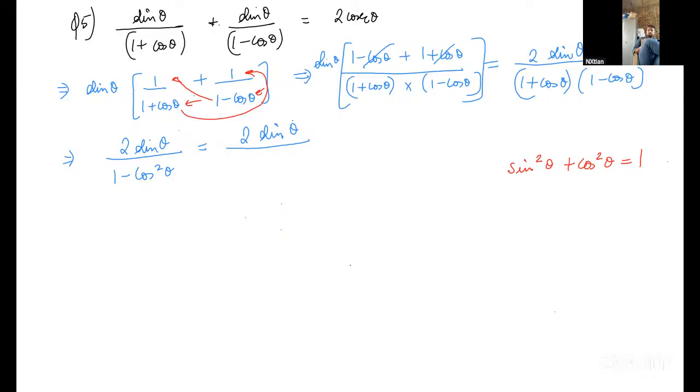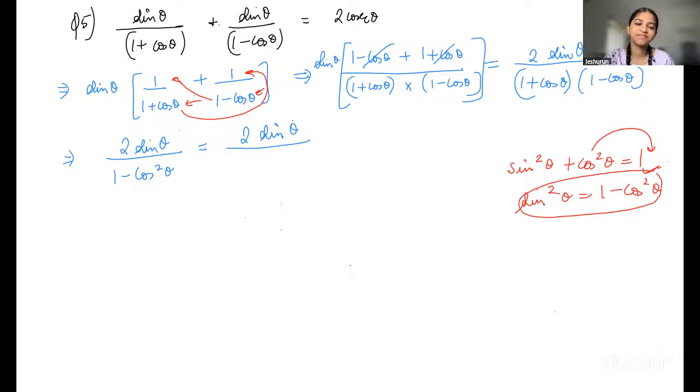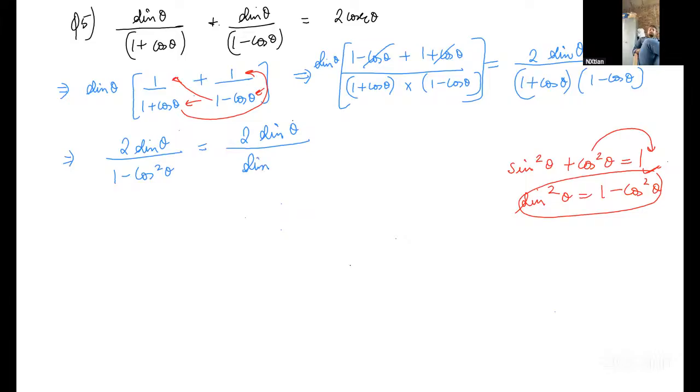Now, if I send this to that side, sine square theta is equal to 1 minus cos square theta. So it means that 1 minus cos square theta will be equal to sine square theta.